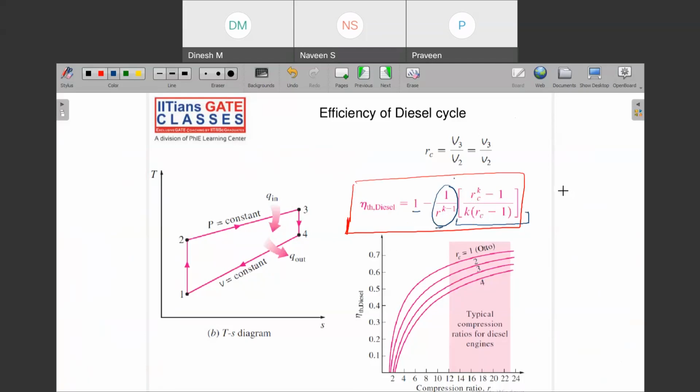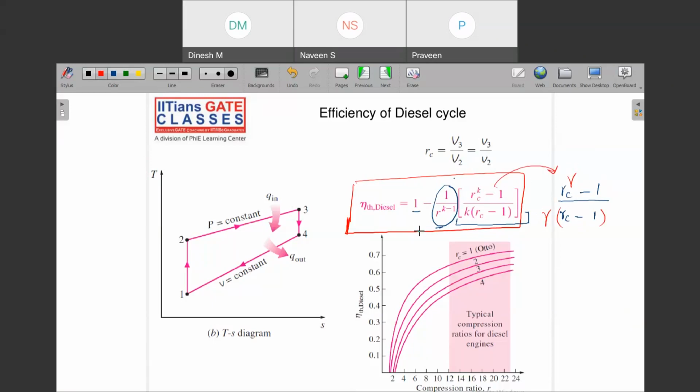See how I am writing it down: I have written Rc minus 1 in the numerator, Rc minus 1 in the denominator as well, and then I am taking gamma. In the numerator I am taking gamma as a power, because I am trying to make the numerator more, and here I am multiplying. Got the thing? So this is how this is remembered.